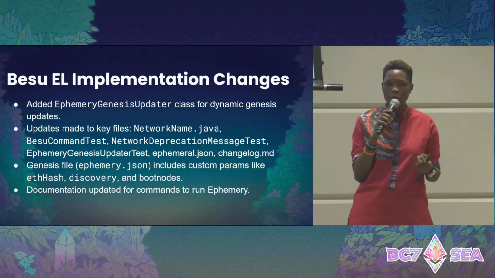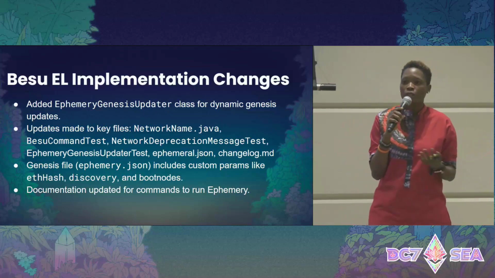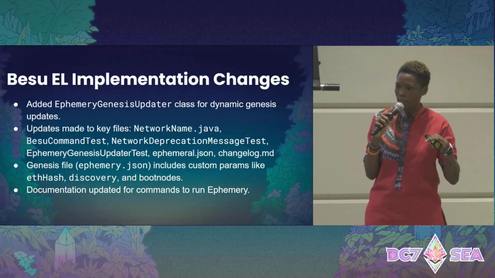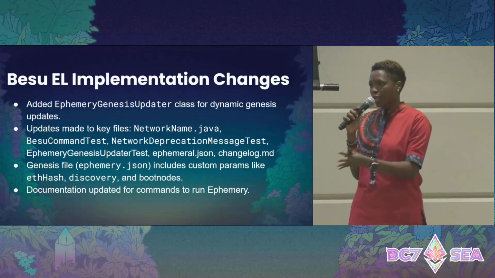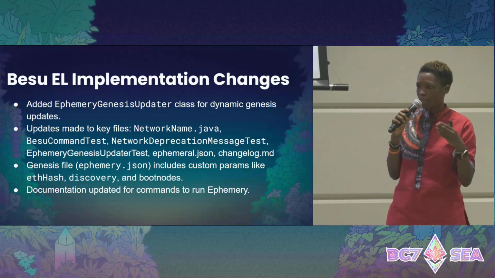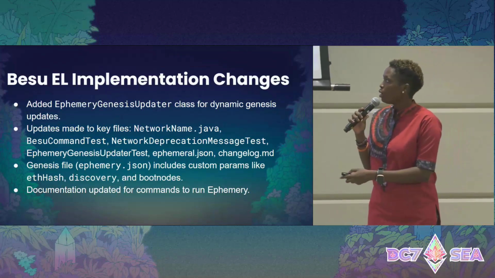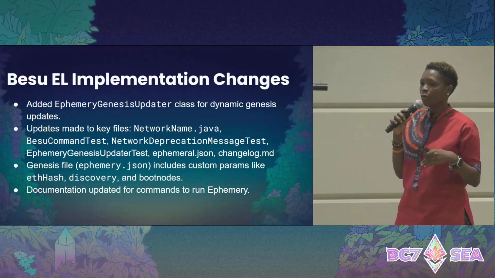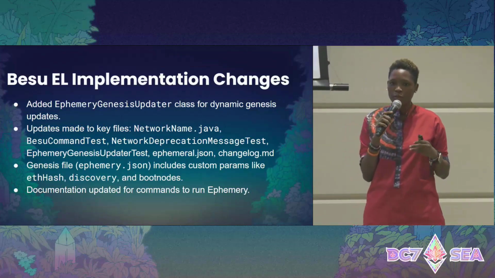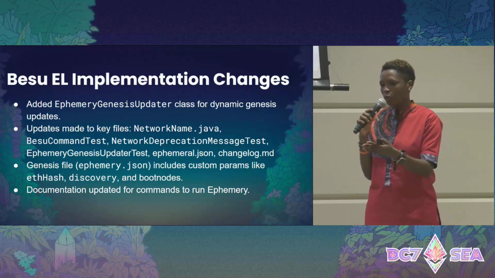And what does that really mean when we talk about native support? We want a situation whereby when you are trying to run a node, you can easily do something like Besu --network=ephemery, just like you do with other supported networks like Sepolia and the rest. Because Ephemery is quite different, the process of implementing it on clients was not as straightforward as with other networks.